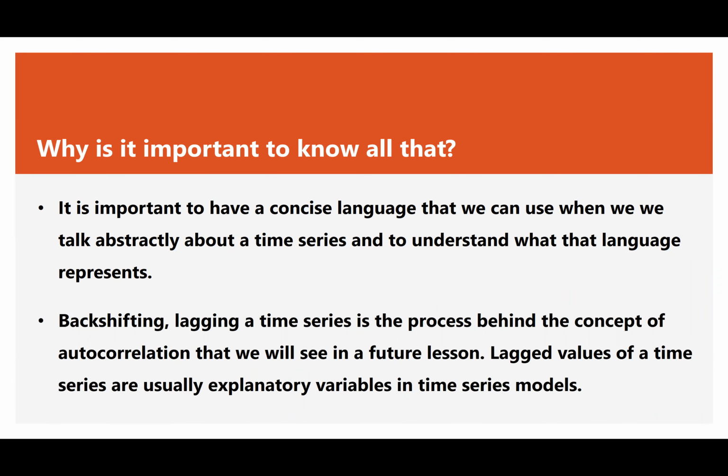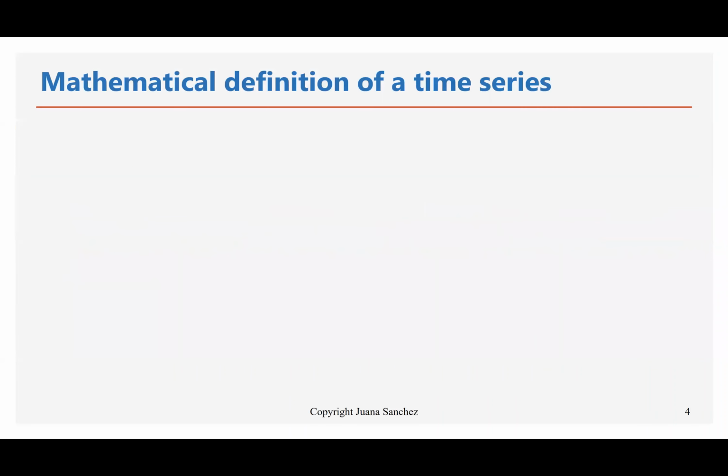And backshifting or lagging a time series is the process behind the concept of autocorrelation that we'll see in a future lesson. And also, lagged values of a time series appear often in time series models. So it's important to know what they are.